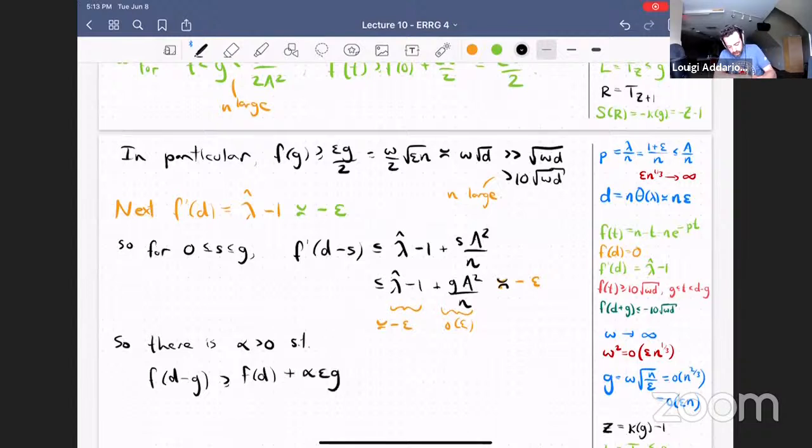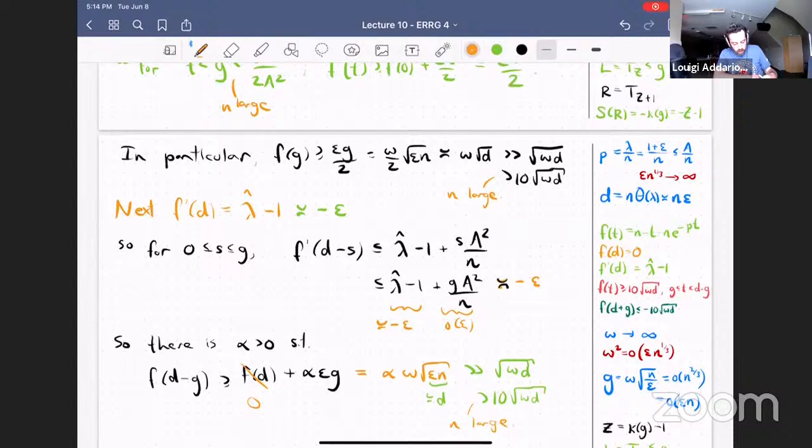Okay, and so just using the definition, f of d is 0, and g is written over here. So when I multiply by epsilon, I get alpha omega root epsilon n, and again this is of order d, and so this whole thing is much bigger than the square root of omega d, and in particular is bigger than 10 root omega d for n large.